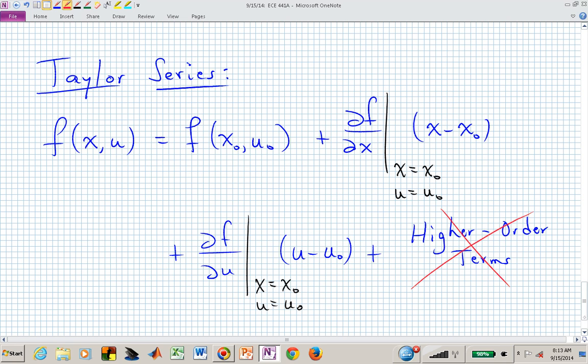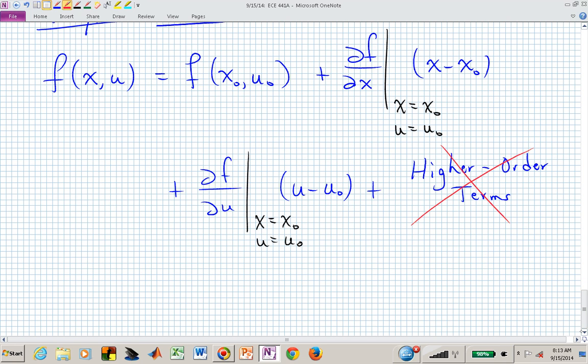Now, what we are going to do is look at the variation of our system around that nominal operating location, f of x naught u naught.